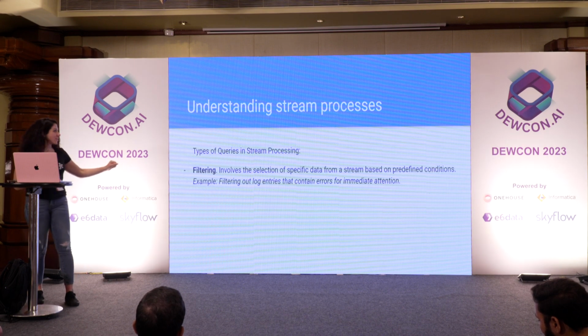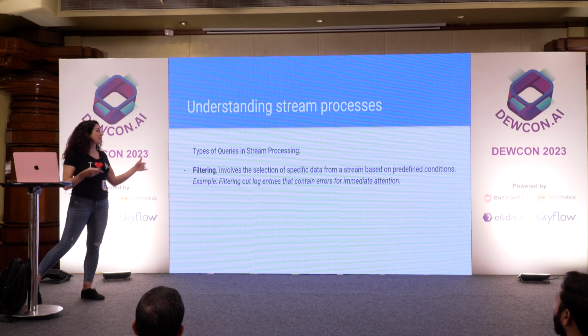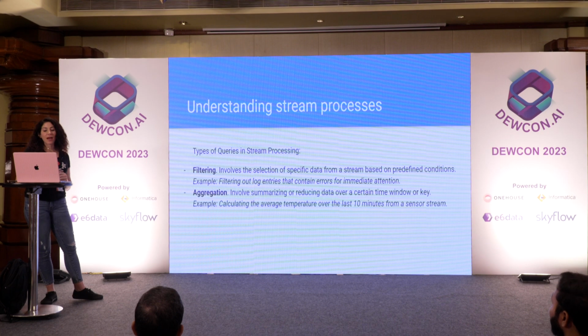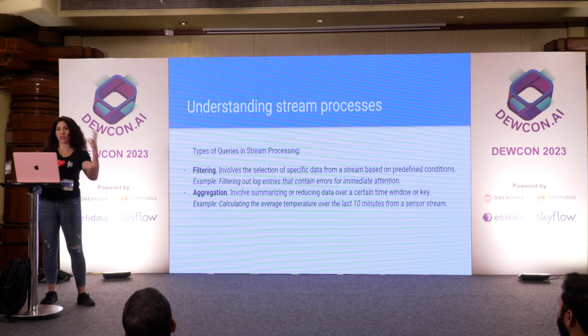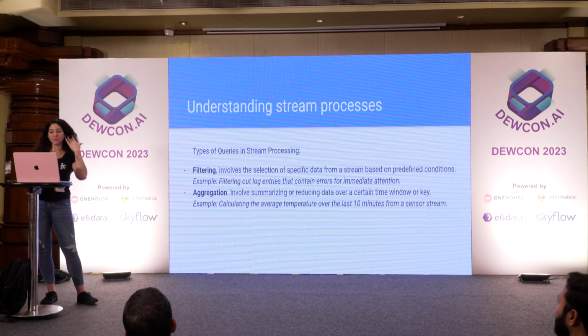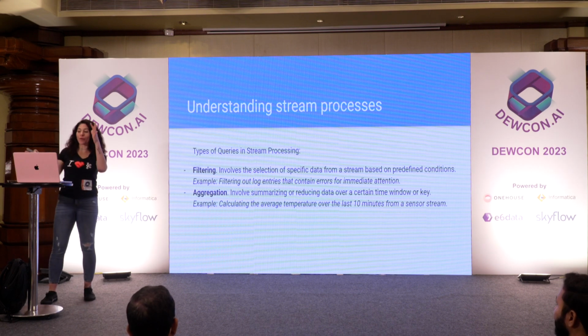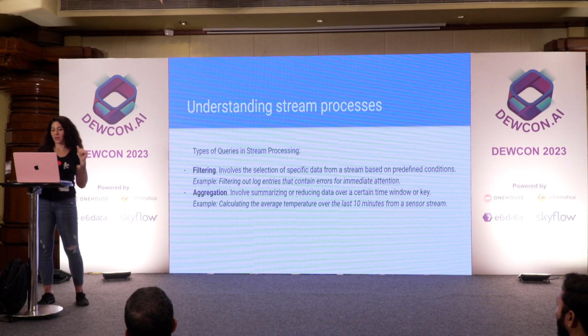The example is filtering out log entries that contain errors for immediate attention. Then you have aggregation, which involves summarizing or reducing the data over a certain window or key. For example, calculating the average temperature over the last 10 minutes for a sensor stream.